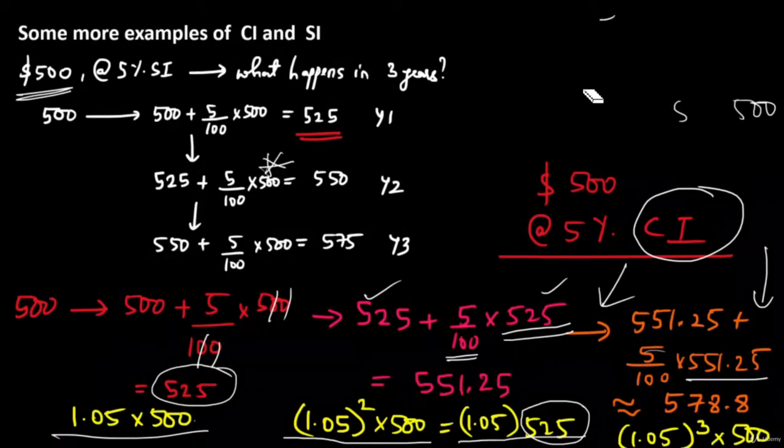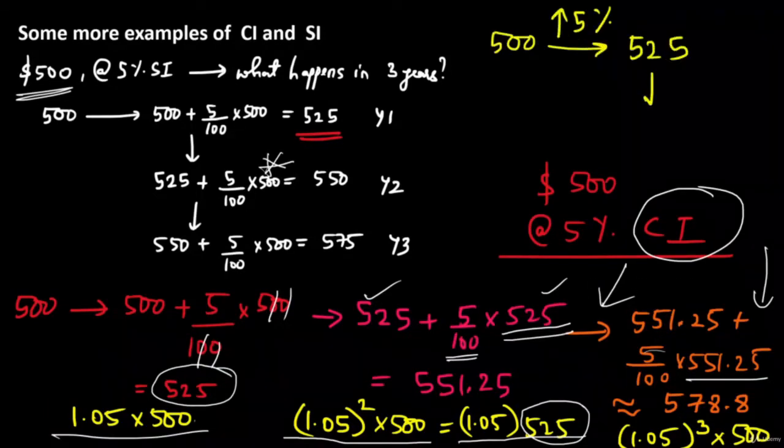Now again let me show you one more thing over here. We have seen that when $500 at 5% compound interest was calculated for 3 years, we went from $500 to $578.8. Let's try to understand that once again.